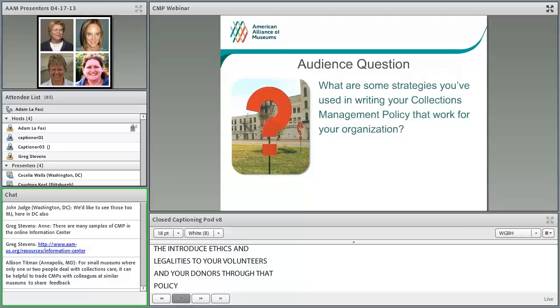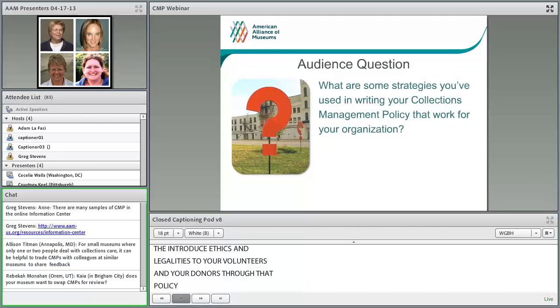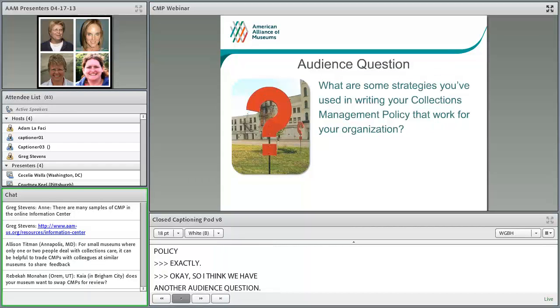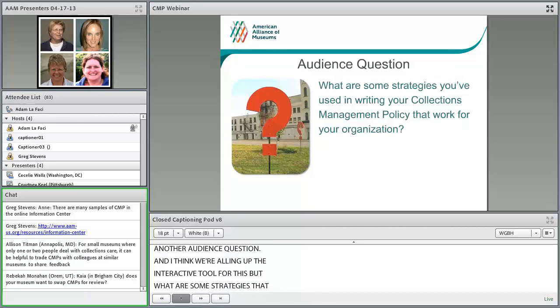Okay, so I think we have another audience question. And I think we're pulling up the interactive tool for this, but what are some strategies that you out there in the audience have used in writing your collections policy that worked for your institution?